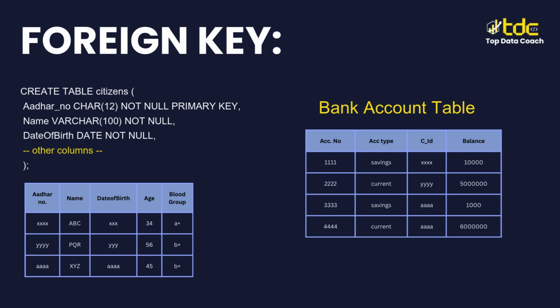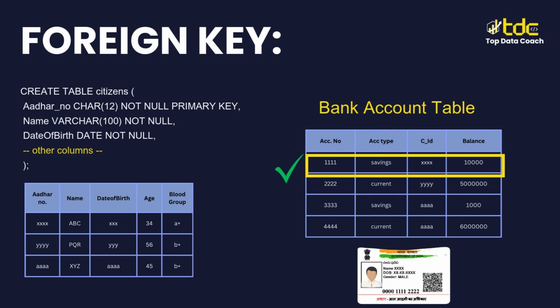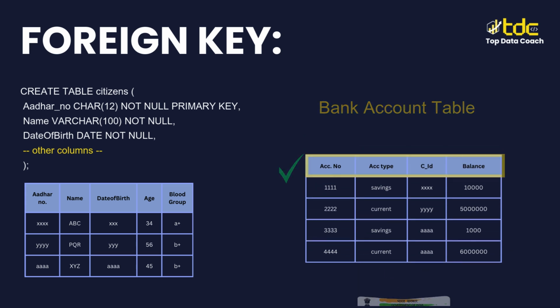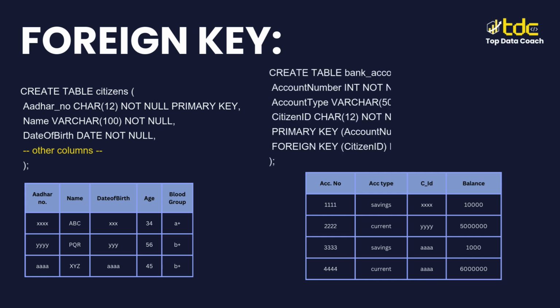Now, as one person can have more than one bank account, this bank account table will have more than one record for a single person, and hence we cannot keep the Aadhaar number or SSN as the primary key. But at the same time, we want each record entered in the bank account table to be valid. And how do we validate it? By checking its Aadhaar number only.